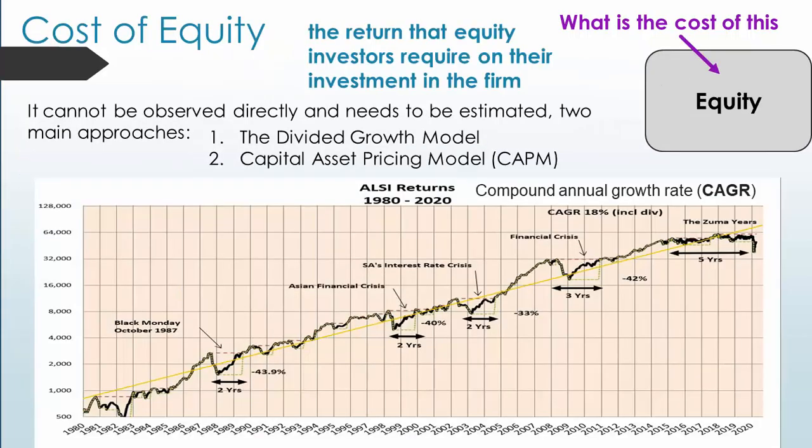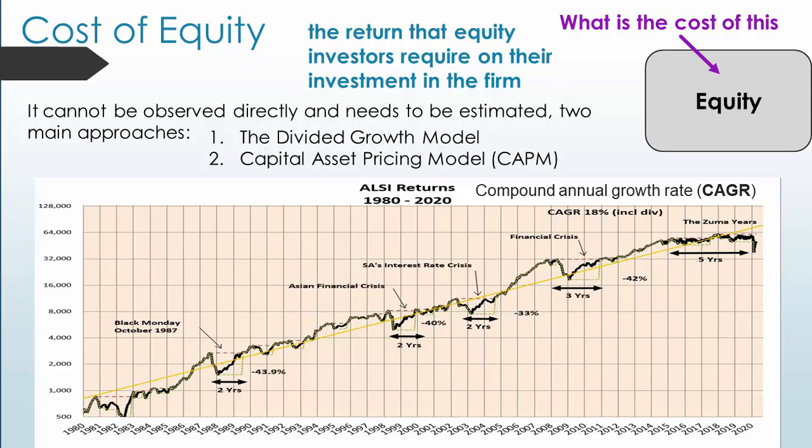What's the cost of equity? A lot of people think and feel like the cost of equity, well, there's no real cost, it's just if we make profits. But there is a big cost for equity, and the cost is a return that investors require on their investment in the firm. The cost is actually more because people are taking a risk and they want to be compensated for that risk.